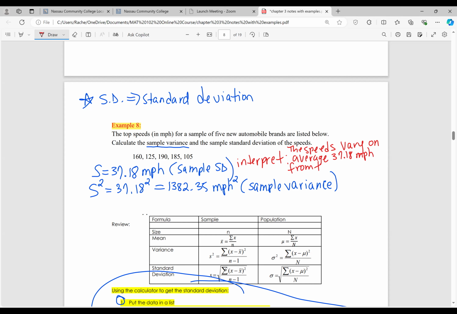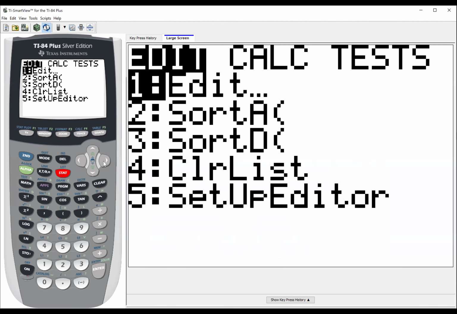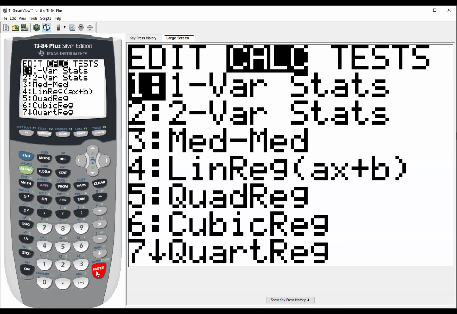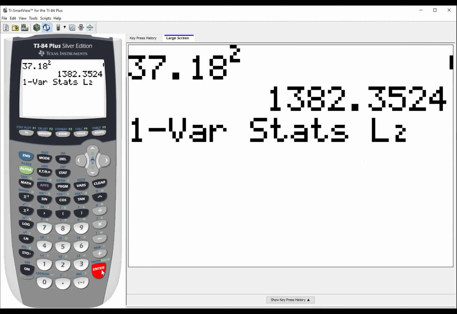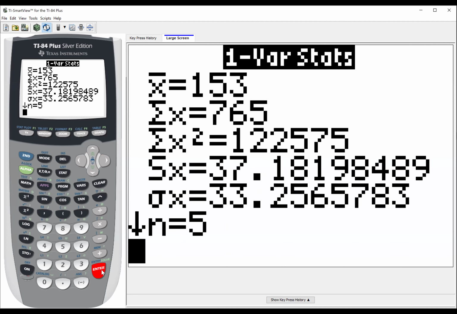So they're varying from the mean of, and let's go back and look at what the mean was. We already have this list in the calculator, right? So let's go back and do a one variable stat since I got it off the screen from before. So I'm going to do one variable stat again. And the mean in this case is 153, right? You see x bar is equal to 153.